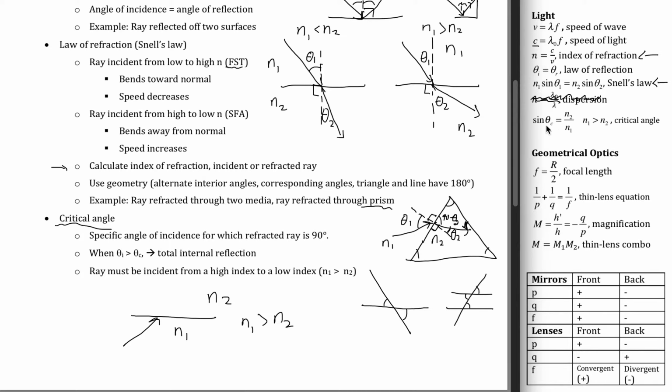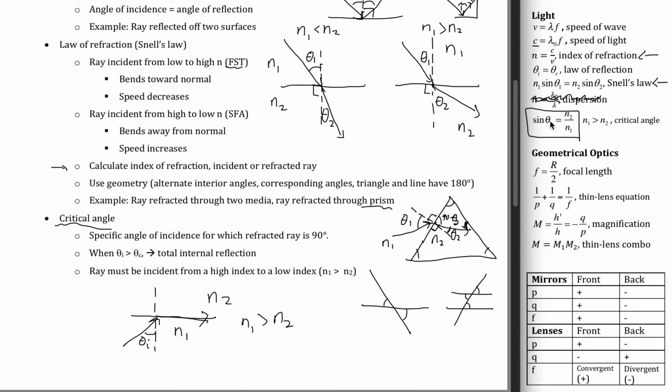The equation for the critical angle here is derived from the fact that it's the angle at which the refracted ray is 90 degrees. Now you don't really have to worry too much about that, but that's where it comes from, that there's a certain angle of incidence at which your refracted angle is an exact 90 degrees.